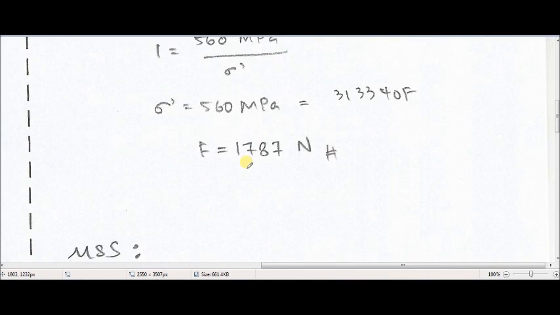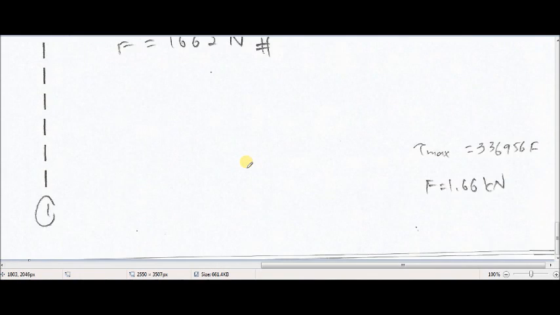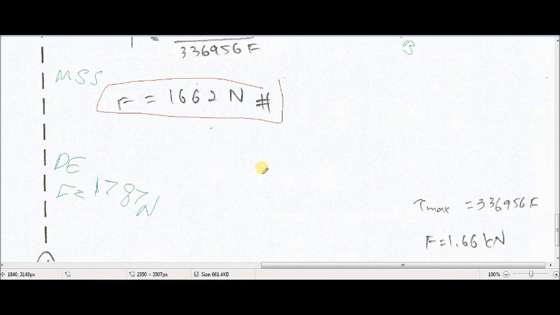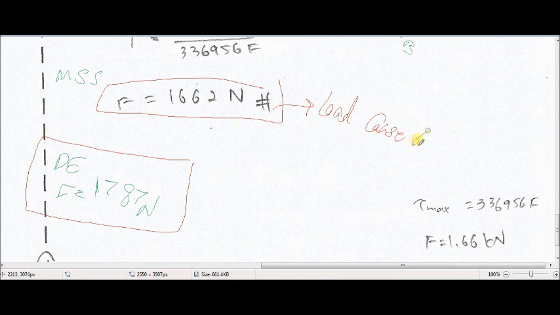If we compare these two values, 1787, let me write here, 1787 by using distortion energy theory, and another one we had by using maximum shear stress theory, we can see that the load which causes yielding by prediction of maximum shear stress theory is lower than distortion energy theory.